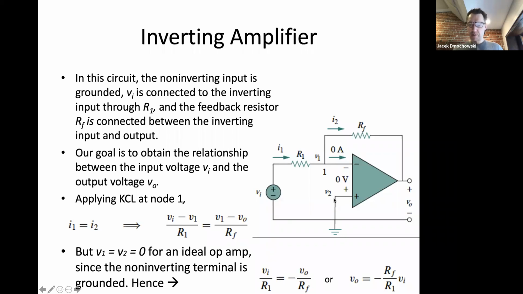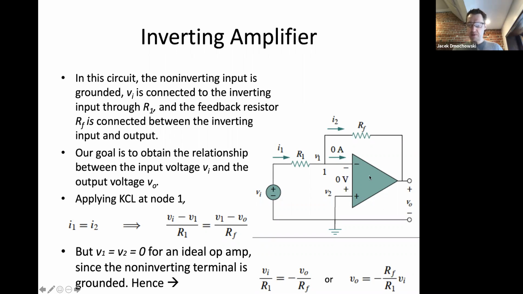Why? Because one of them is grounded, which makes the other grounded. And so what we get is a really nice expression: V naught is equal to negative RF over R1 times VI.